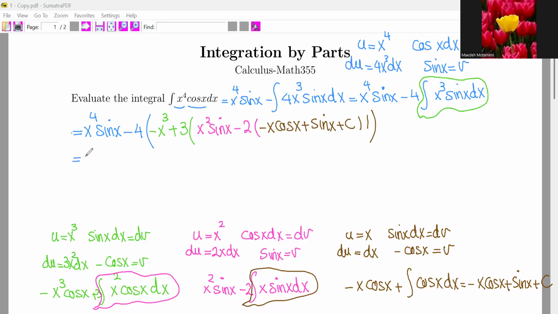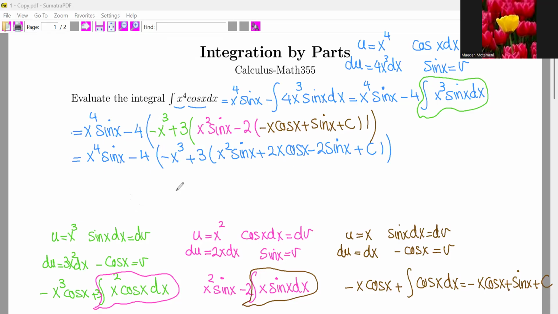Okay, again, here, it will be x to the 4th sine of x minus 4 times negative x cubed plus 3 times x squared sine of x plus 2x cosine of x minus 2 sine of x, and let's say 1 c for all of them. Let's continue.